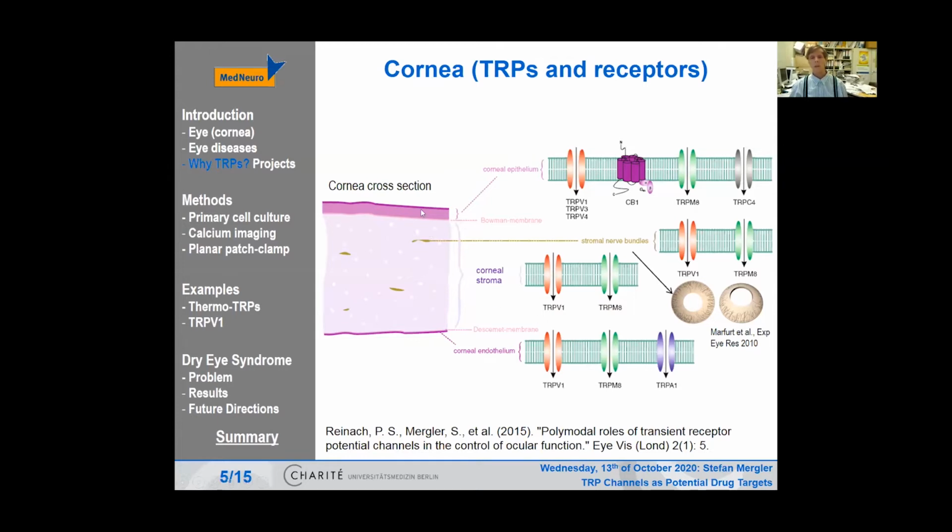For your information, the cornea is here, the upper part, and the inner part is here. The first is like skin, only the difference is that it's transparent skin, very complicated. These TRP channels can also be activated by temperature change. Therefore, temperature plays a role in this context in the physiology.